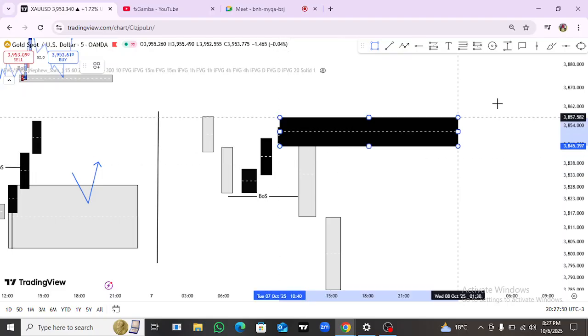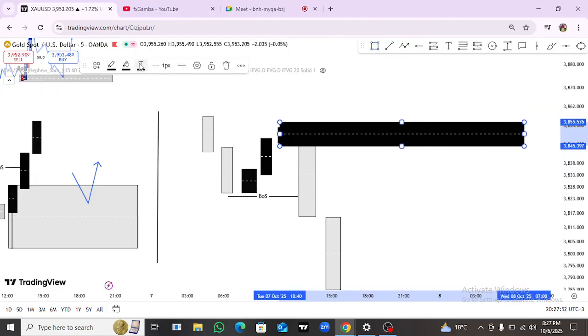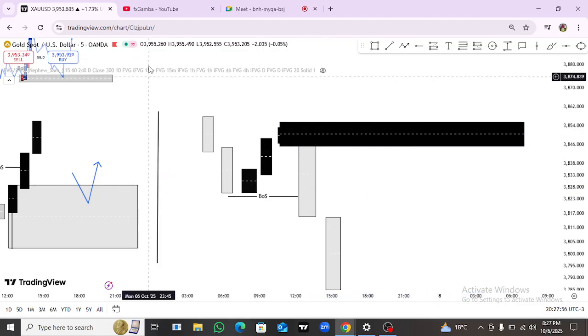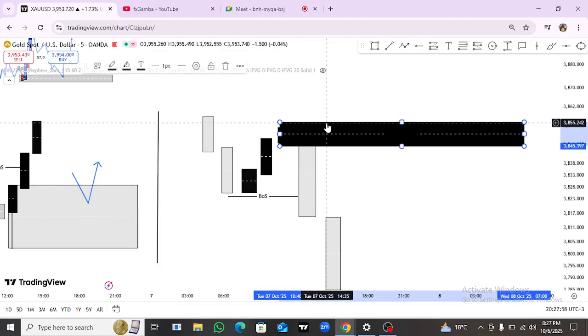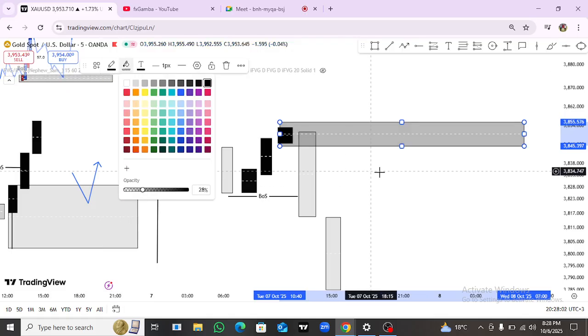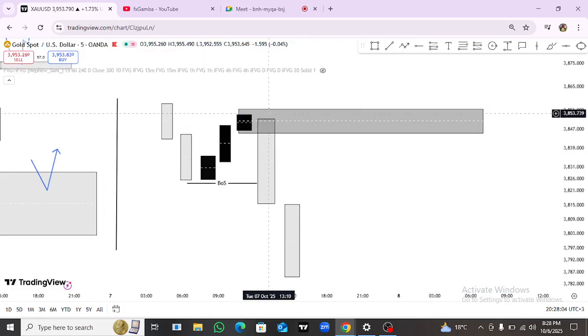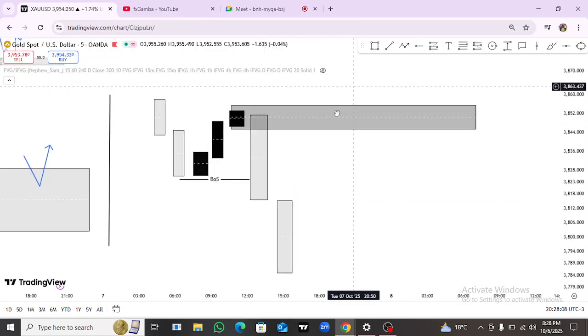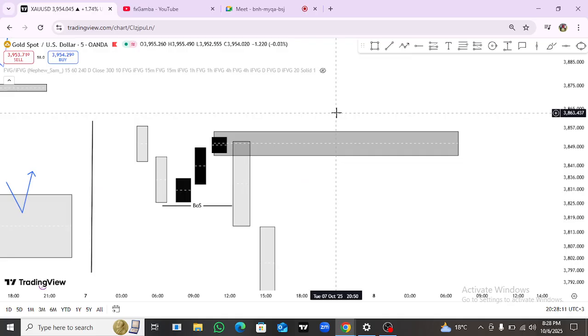But if this one had a very big wick, if this one had a large wick, we shall consider this one as an order block, because we consider the one that actually took the orders. That is what we shall consider as our order block.